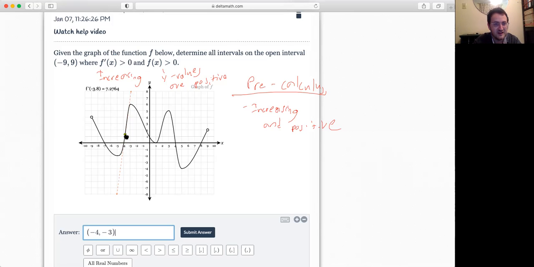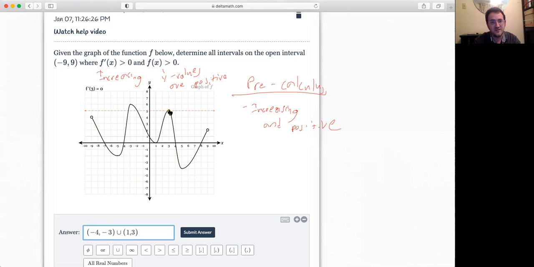Now I could even move my slider, and at -3, we're exactly 0. Now we're decreasing for a while. Here, we are back in positive, strictly above 0. So 1 to 3 would be next.